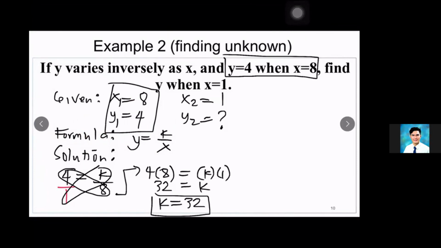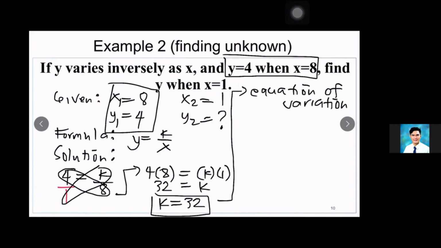Now, let us identify the equation of variation. In the equation of variation, always remember that only the value of k is what we substitute to our formula.